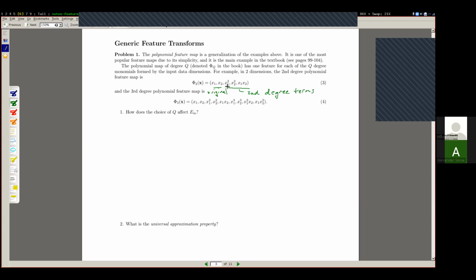And then the second degree terms are x1 times x1, x2 times x2, x1 times x2, all possible combinations of 2 of the original variables. The third degree polynomial has the original plus the second degree things plus all the third degree combinations.